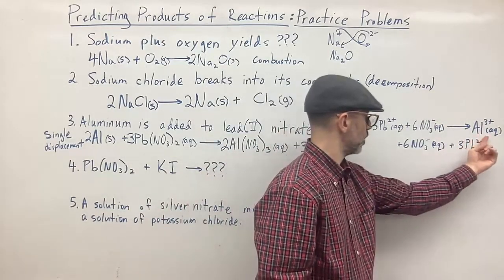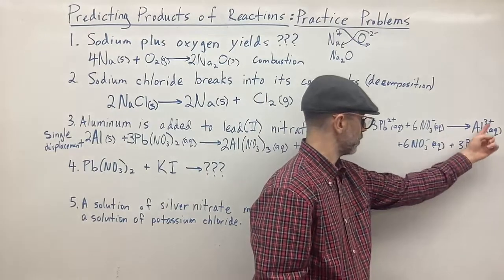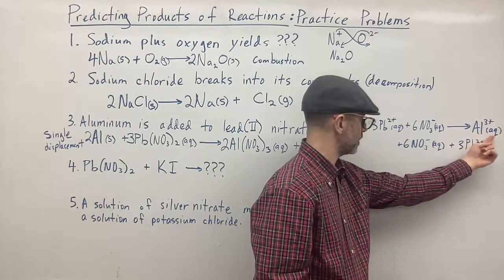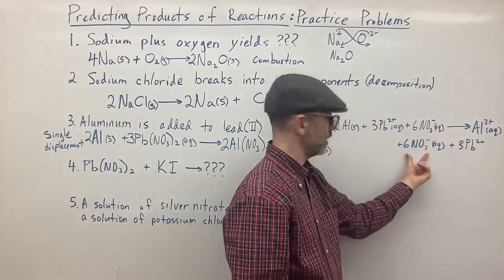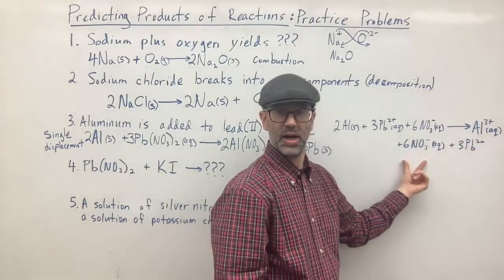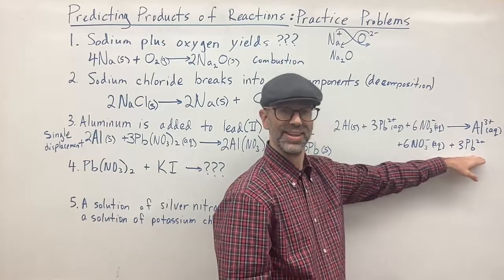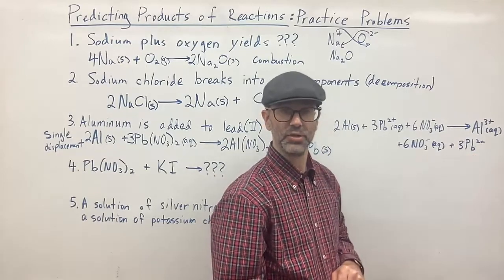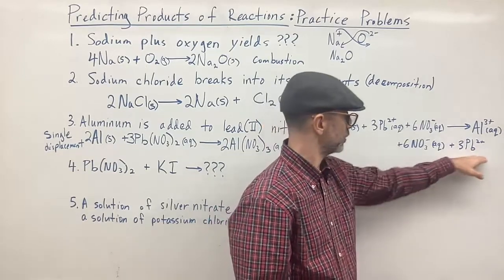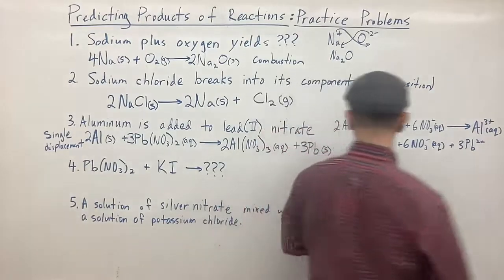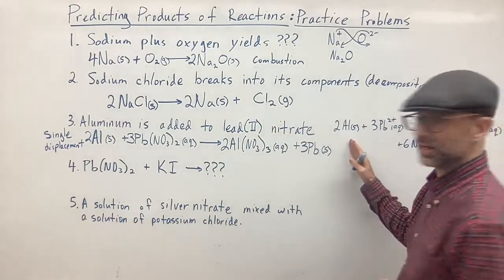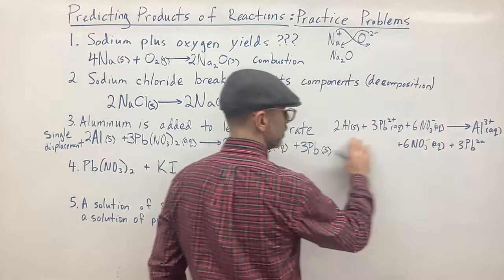So the aluminum 3 plus ion is aqueous, floating around in solution. I have my 6 nitrate ions floating around in solution, and then I have my lead 2 plus ions floating around in solution. So this is what is called the complete ionic equation.